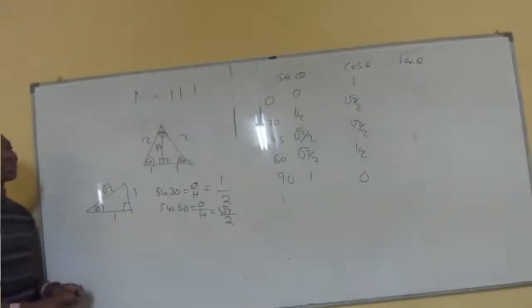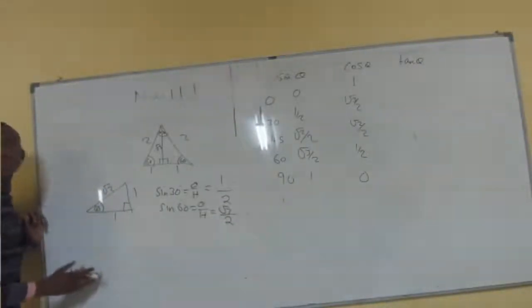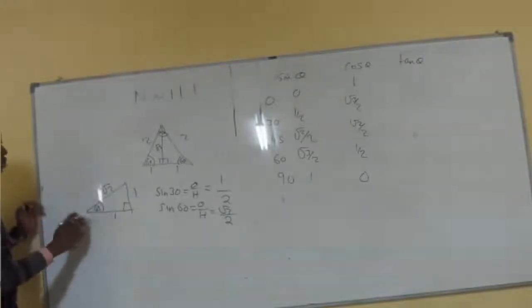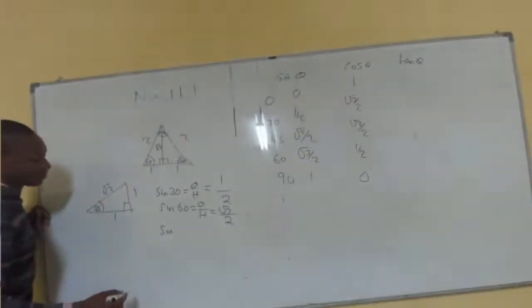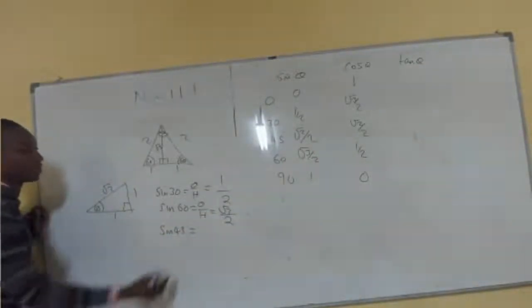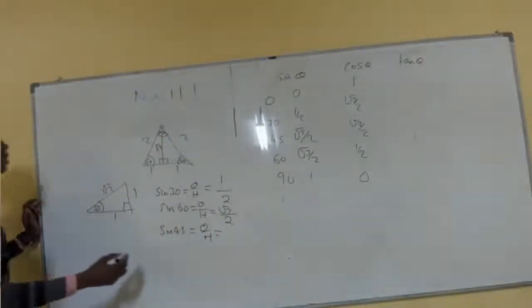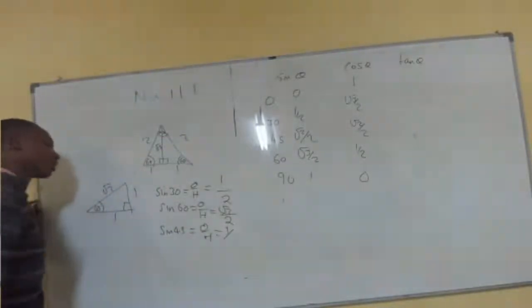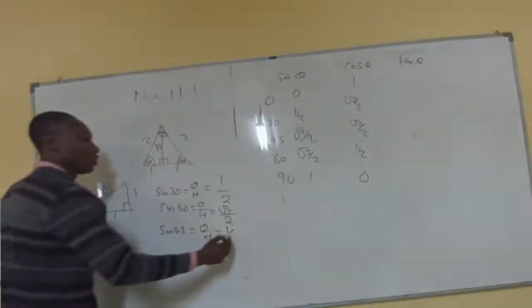This has already been taught, but I'm just doing a recap on it, being a tutorial. So, 2 sides, 1, 1 with that. If you are looking for sine 45, we know it's opposite over hypotenuse, so the opposite is 1 over the hypotenuse, root 2.